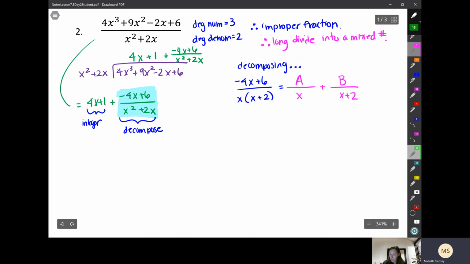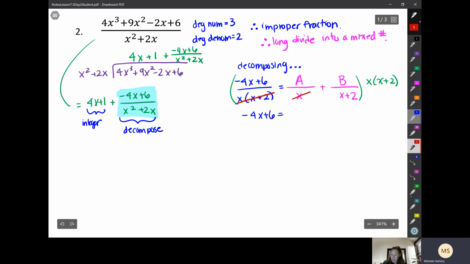So I multiply everything here by the denominators x and x plus 2. On the left, everything's going to cancel. So I have negative 4x plus 6 equals, here my x cancels, so I simply have a multiplied by x plus 2. For the b term, my x plus 2 cancels, so I just have plus b times x. All right, I expand it all out.